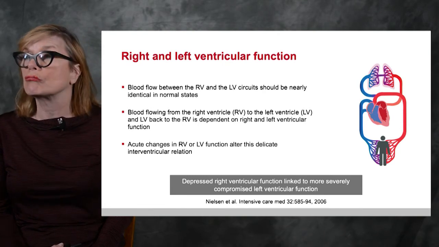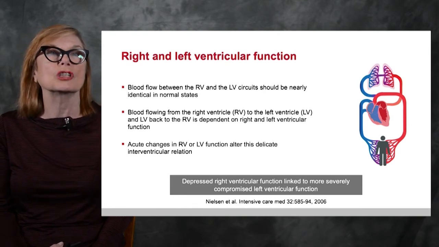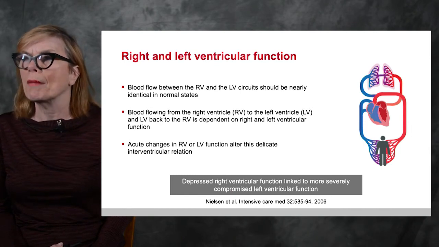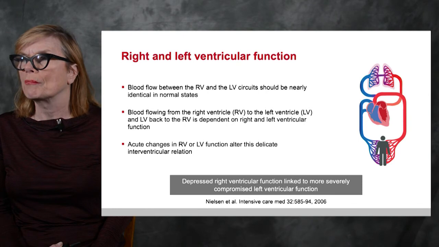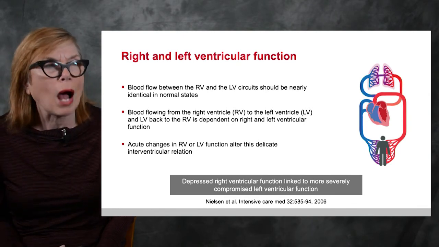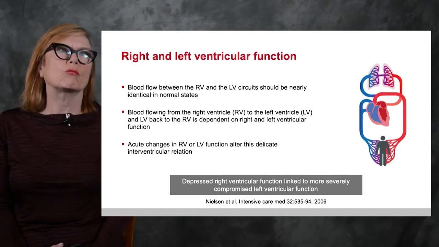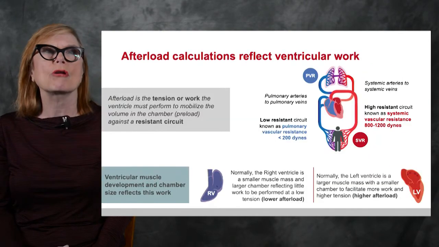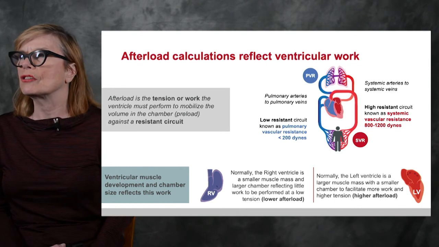And depressed right ventricular function is linked to a much more severely compromised left ventricle. So I want to keep my eyes wide open to evaluate right and left ventricular dysfunction in the critically ill population to try to determine what is necessary.